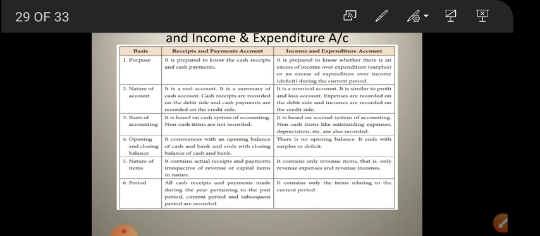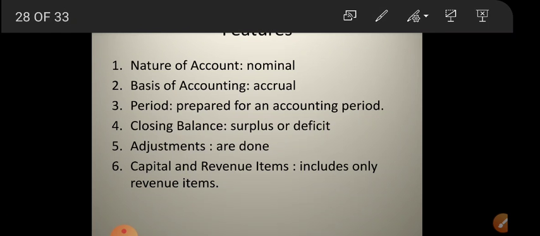Whereas purchase or sale of building is a capital nature transaction, so we don't write capital nature transactions in the income and expenditure account. The second important thing: in receipt and payment account, we wrote the income or expenditure whether related to the previous year, current year or next year. Okay, whether it is of last year, this year or next year, if we received it or paid it in this accounting year, we wrote it in the receipt and payment account irrespective of period.